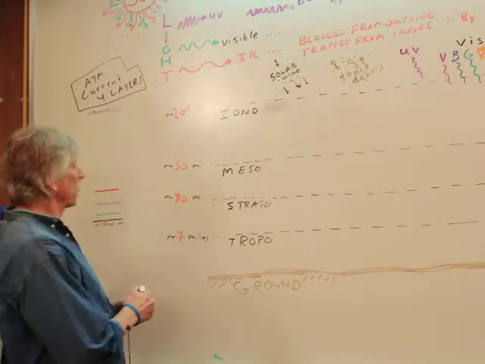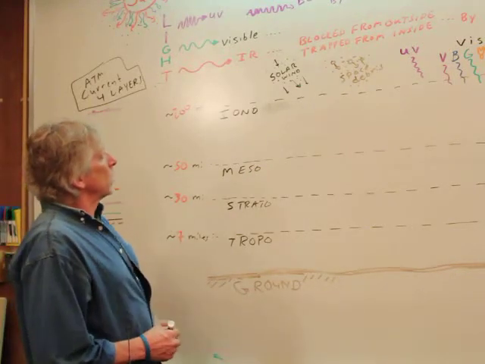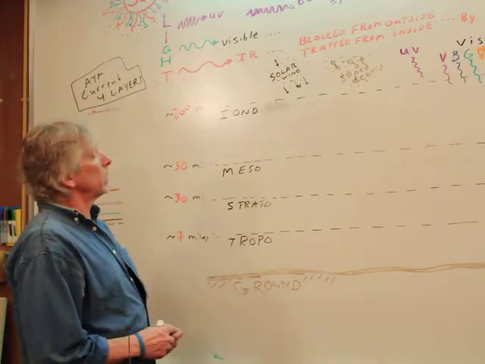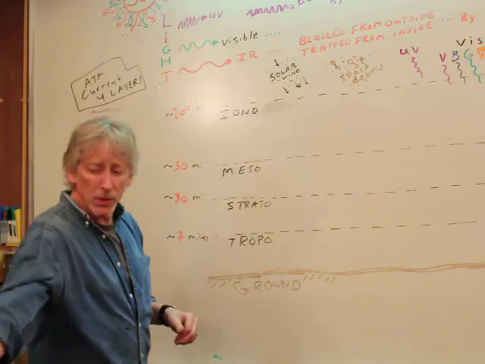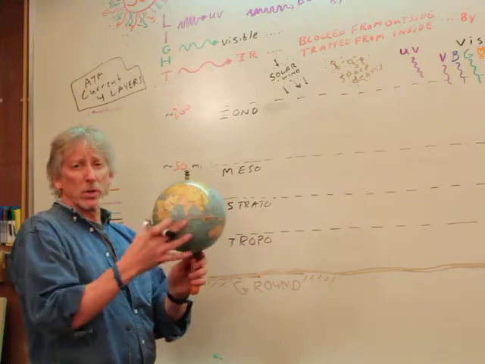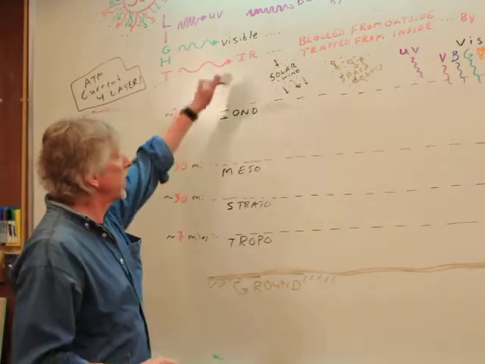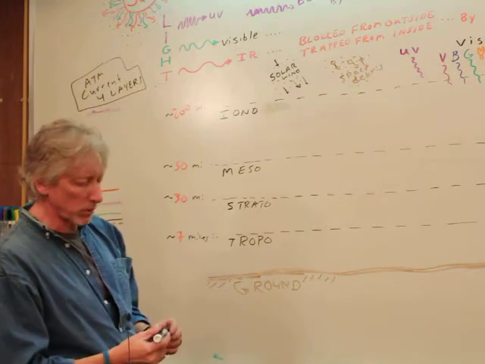Let's see what goes on in each of them. All right, let's check it out. So, we got the solar wind coming in here. Remember that they got kind of funneled and focused, often into the polar regions, right? So, the sun can flare up and send out more or less of these solar wind particles.